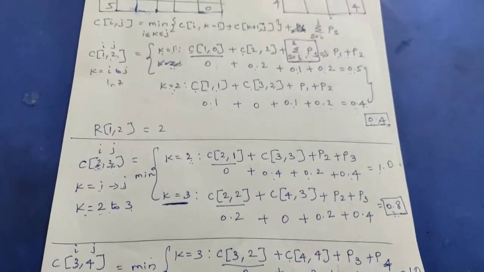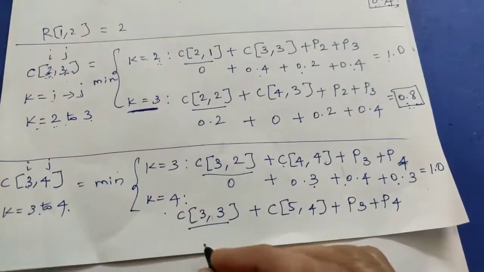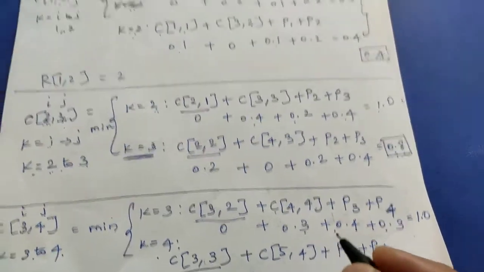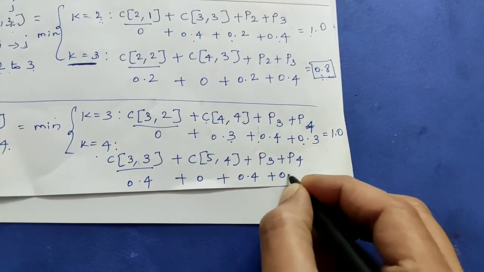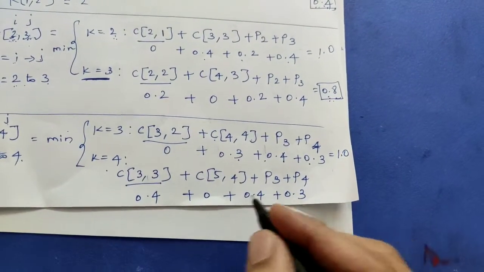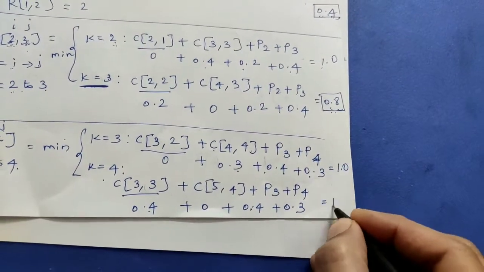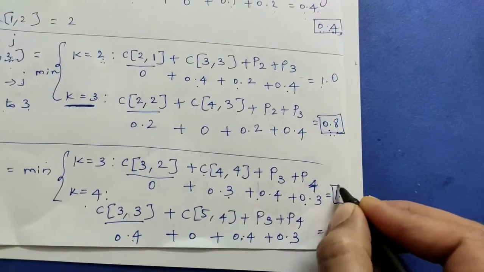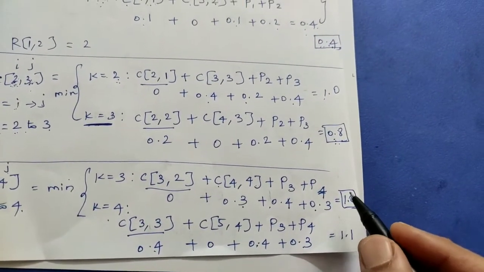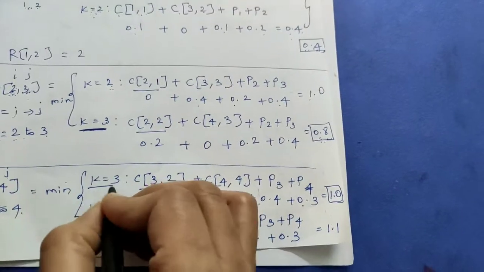Now find out this value, cost of 3 comma 3 is 0.4, plus cost of 5 comma 4 is 0, plus probability of the third item is 0.4, probability of the fourth item is 0.3. So 0.4 plus 0.4, 0.8, that plus 0.3, it will be 1.1. So out of these two, which is minimum? This is considered as a minimum. Which k value gave you this as the minimum? K is equal to 3.